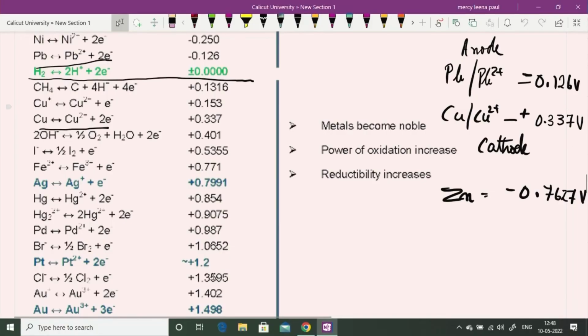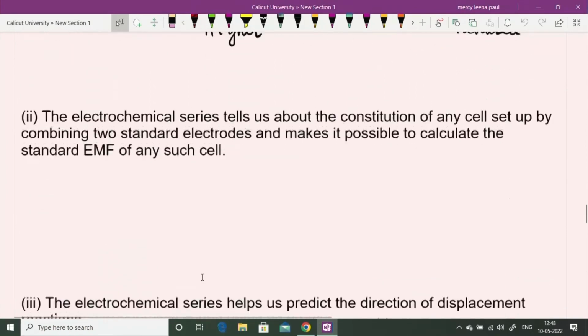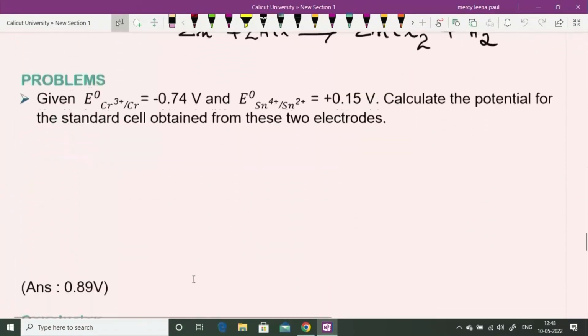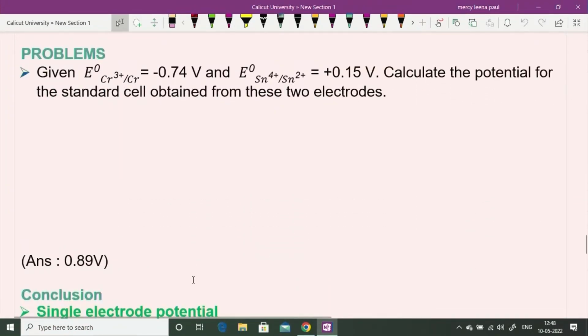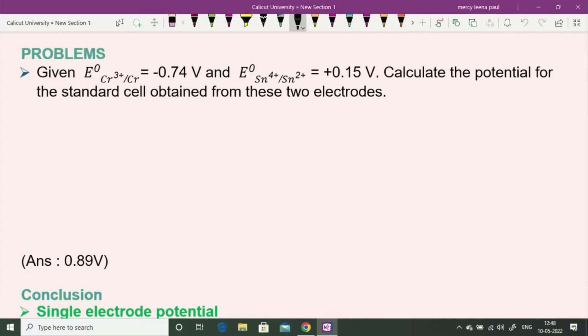Next, we will see a problem in which E naught of chromium is given as minus 0.74 volts, and that of tin is equal to plus 0.15 volts, and we are asked to calculate the potential of the standard cell, which is obtained by combining these two.